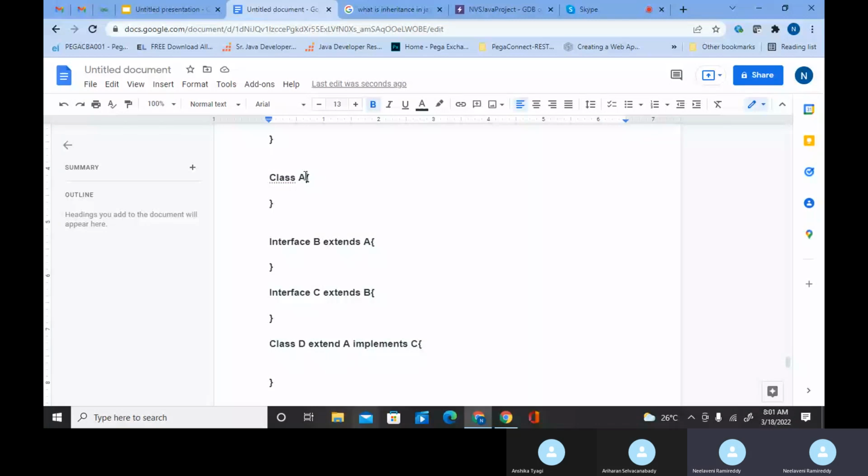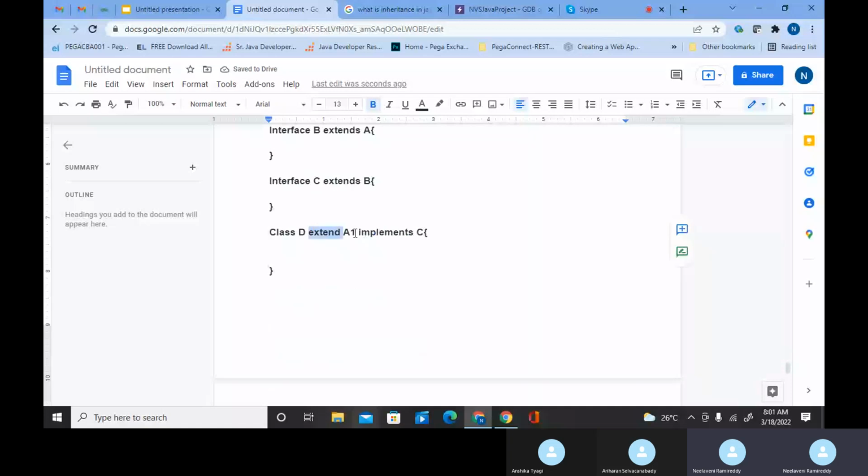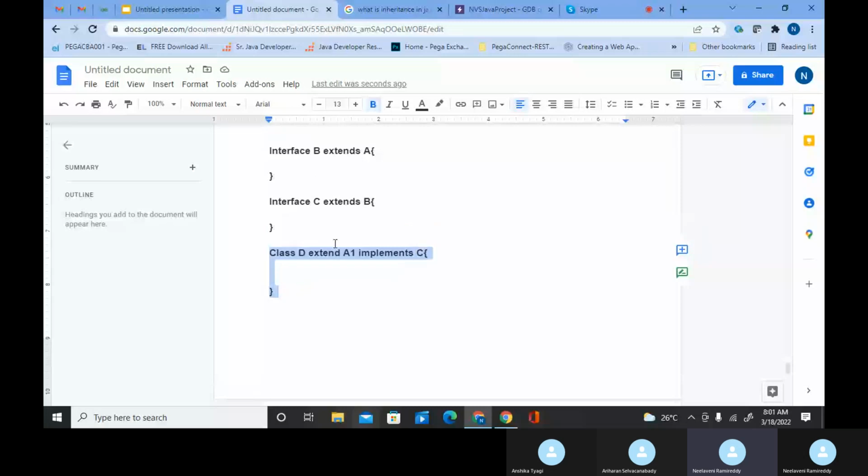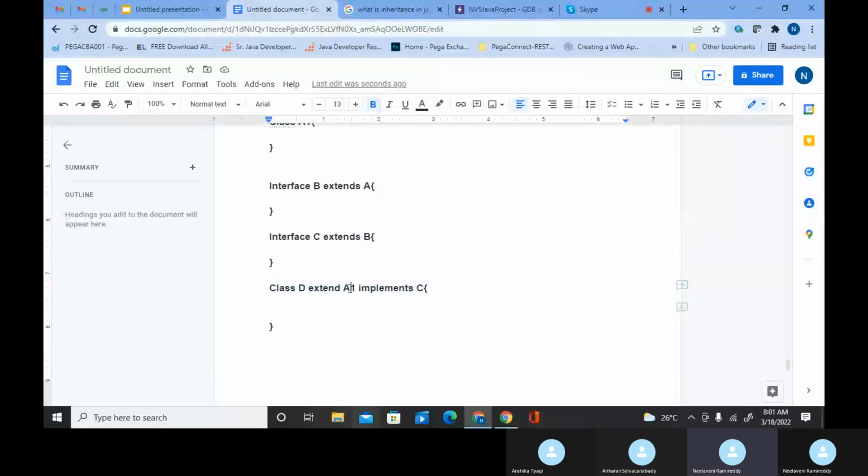Anywhere, you can extend one parent class, and you can implement more than one interface. In a single class, I can extend a parent class and implement the interfaces also. This kind of thing is also hybrid. I can extend one parent, but you can't extend more than one class. If you extend A1, you can't extend any other class.